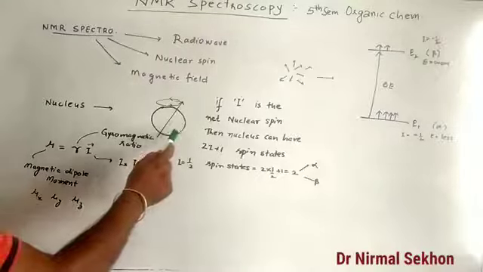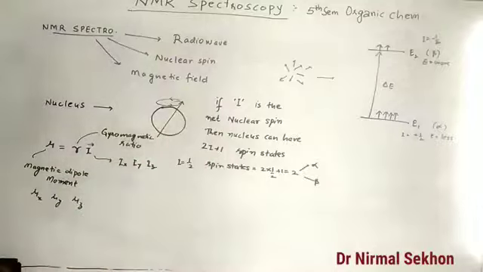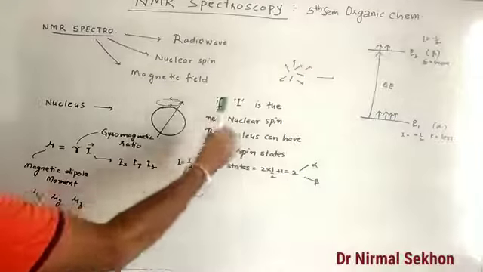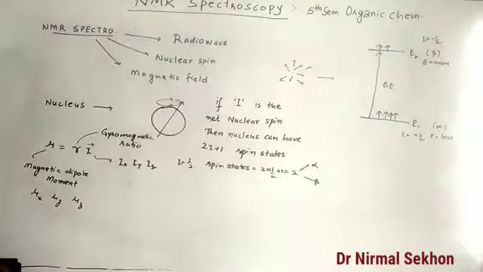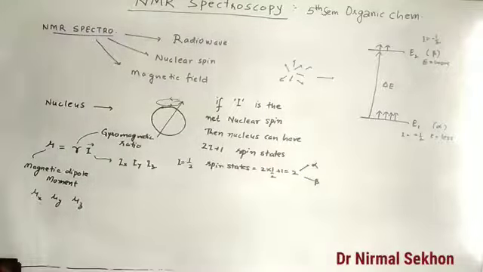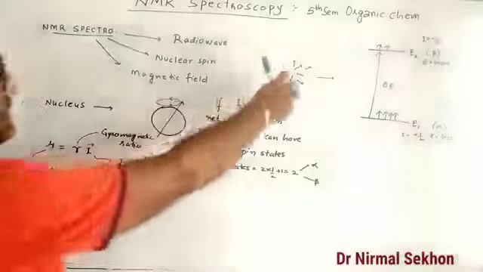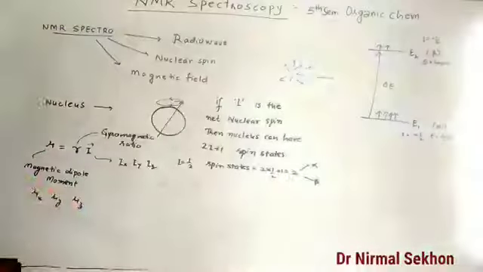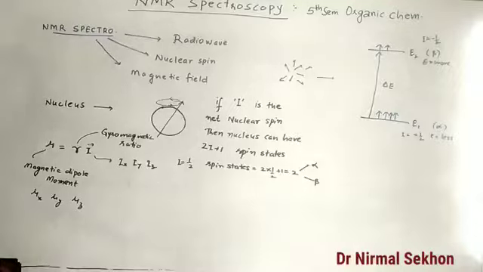If I is the net nuclear spin, then the nucleus can have 2I plus 1 spin states. So if I is half, then the spin states become 2. Why? These are magnetic moments, tiny bar magnets, in the absence of an external magnetic field.